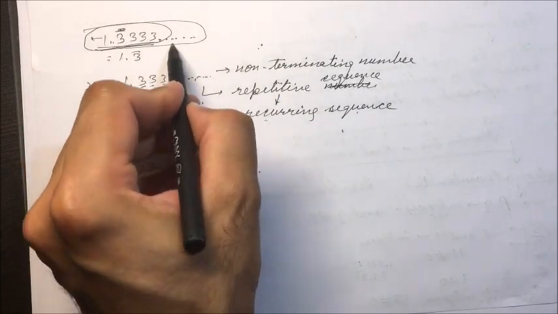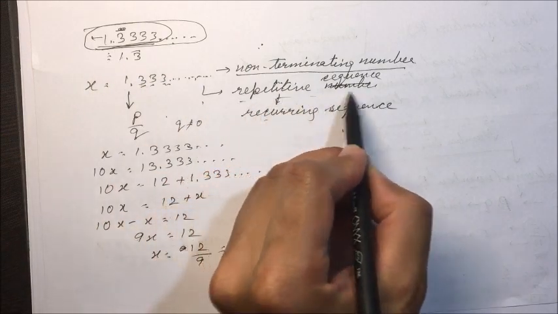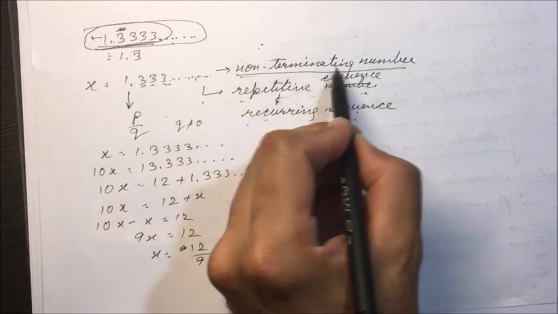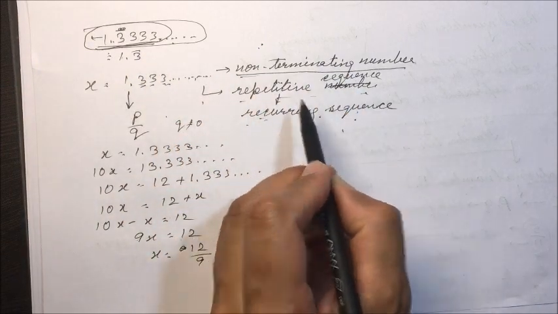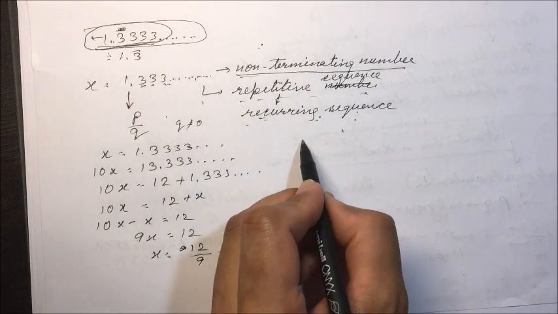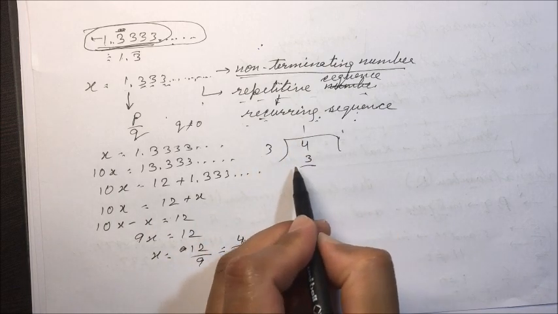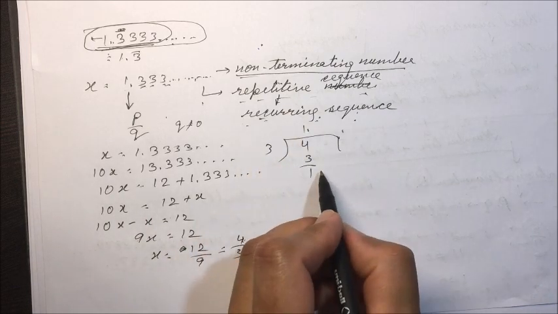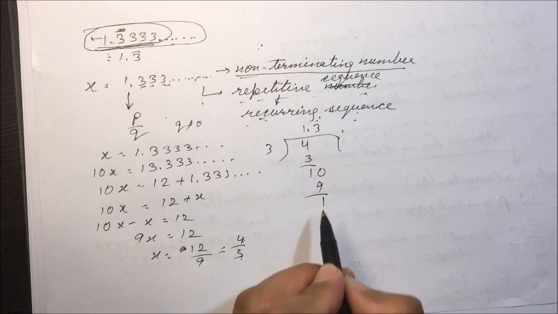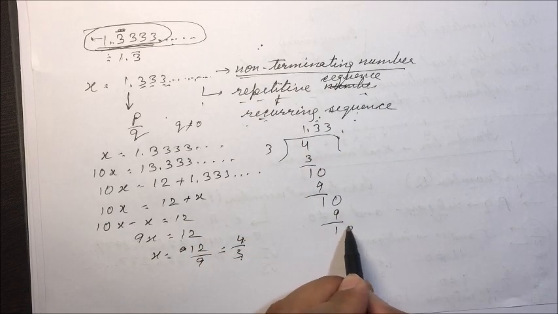So what kind of number is it? It is a non-terminating number, as well it has a repetitive sequence, that is a recurring sequence. So a number which is non-terminating but repetitive, recurring, that number will be a rational number. We can as well see 4 divided by 3: 3 ones are 3, decimal 1, put dot 10, 3 threes are 9, again 10, 3 threes are 9, again 10.